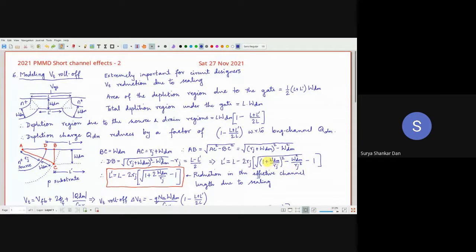The other term will be plus twice WDM by Rj. So that is what I have kept, minus 1, and Rj is as usual. So this L dash is the effective reduction in the channel length due to the scaling. Okay. So the effective channel length will be this L dash value. This is the L dash.